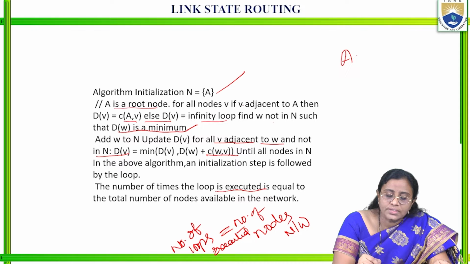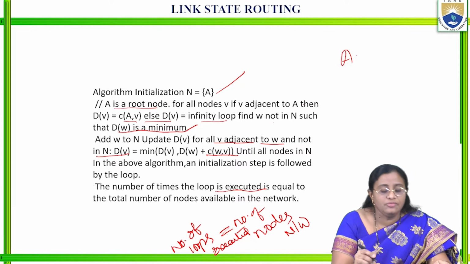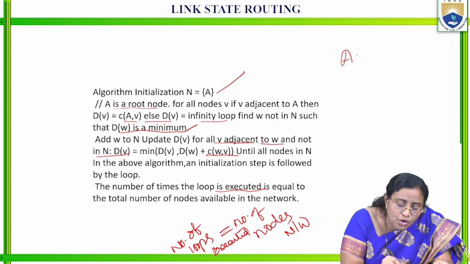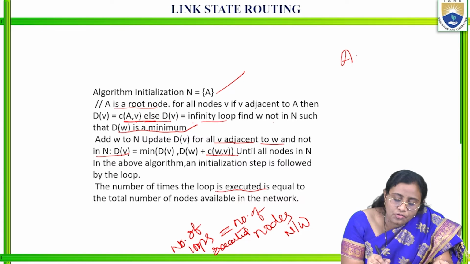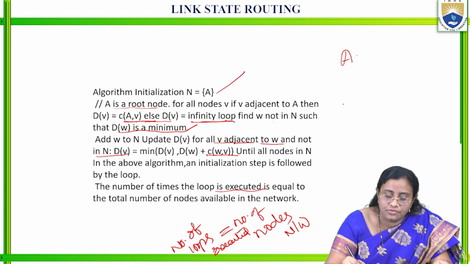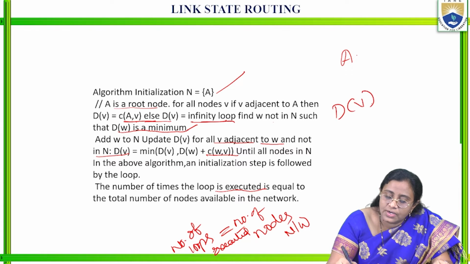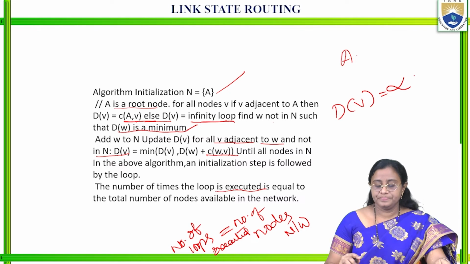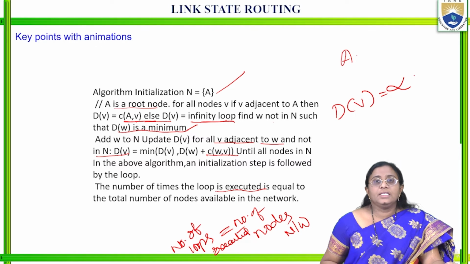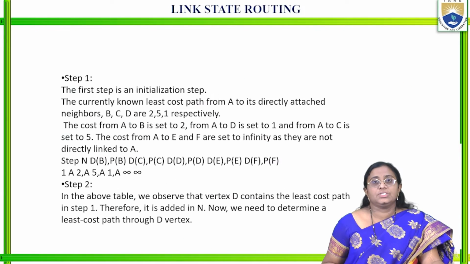For all the nodes V, if V is adjacent to A, then D of V is calculated as C of A V, or else D of V is equal to infinity.